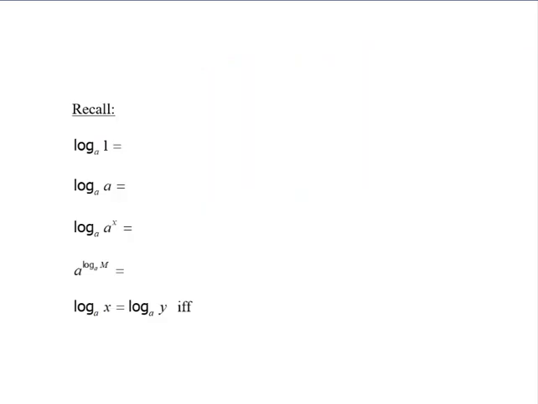First, let's review the properties that we discussed in the previous video. We have log base a of 1 is always equal to 0 because anything to the 0 power is 1. Log base a of a is equal to 1.